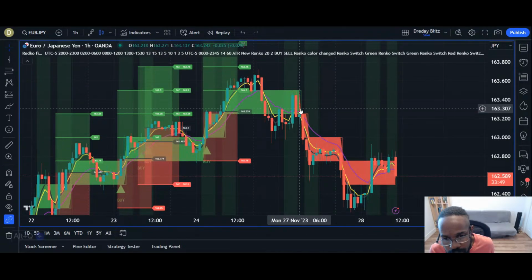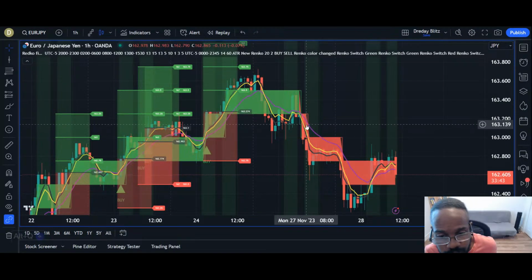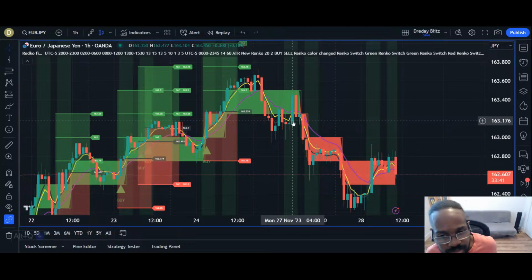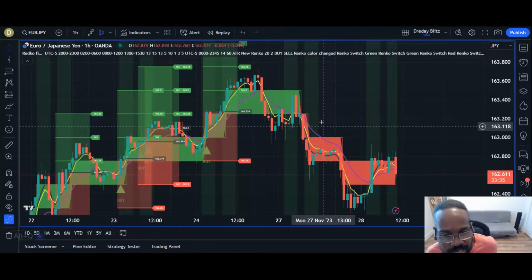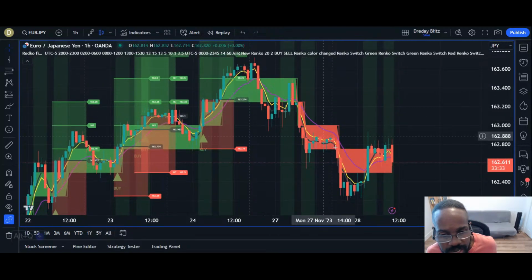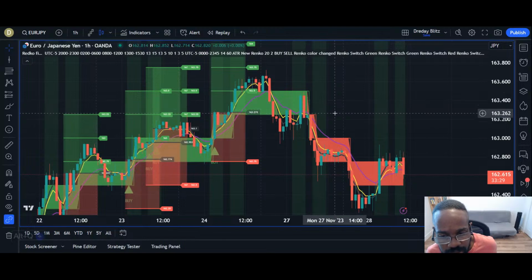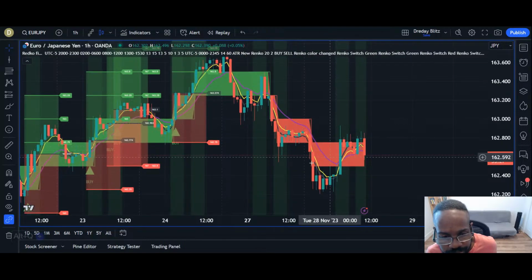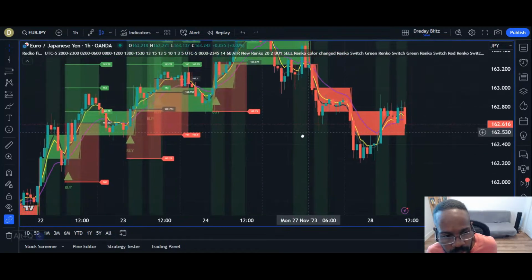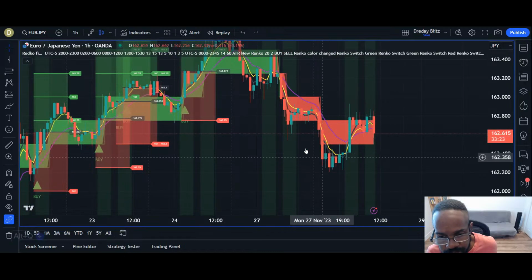You had a message saying that the Renko changed color. But with version 5, it will tell you that we're switching to red. So when you receive that message, that means that we're looking for sells. And if you have taken a sell since the message was sent out yesterday at 7, you would be well over a lot of profit here overall.